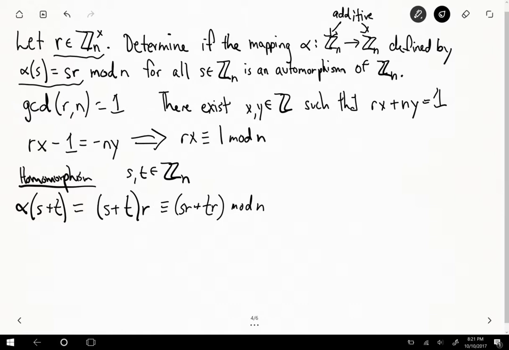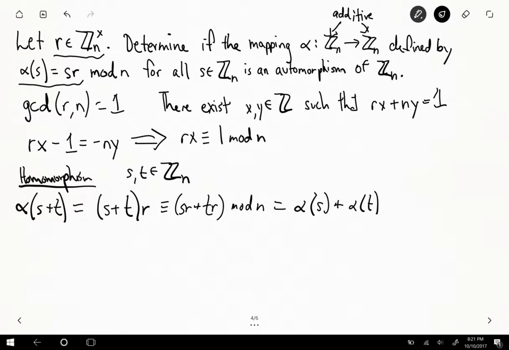I'd like to do them in one line, but it's not necessary. If you wanted to, you could do it on the other line, and you can check that that equals alpha of s, which is just sr, plus alpha of t, which is tr. And notice I used plus this time because that's our operation, since we have an additive operator.